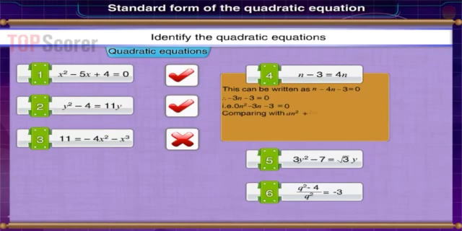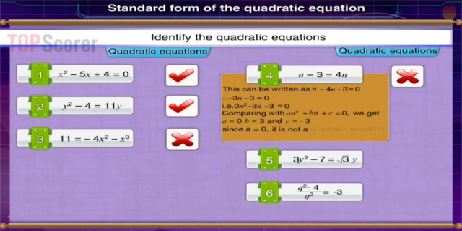Comparing with an square plus bn plus c equal to 0, we get a is equal to 0, b is equal to minus 3 and c is equal to minus 3. Since a is equal to 0, it is not a quadratic equation. n minus 3 equal to 4n is a linear equation in variable n since its degree is 1.